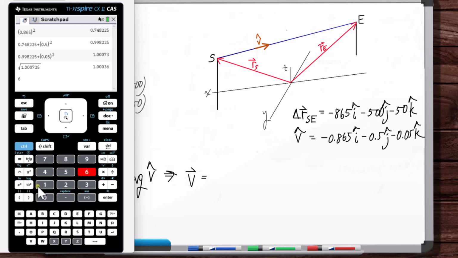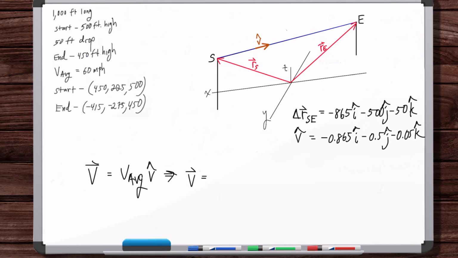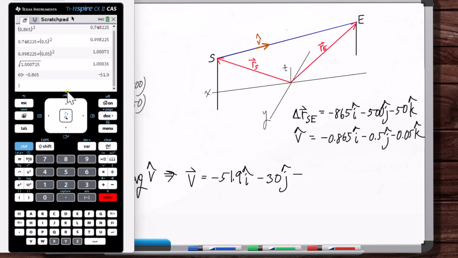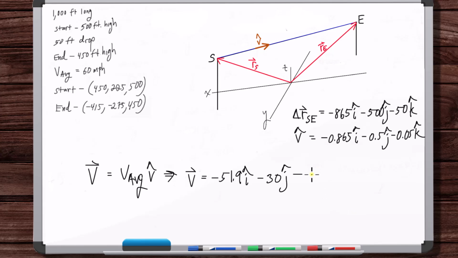You have 60 miles per hour, so times minus 0.865, minus 51.9. 0.5 times 60 is 30, so minus 30 j hat, and then 0.05 times 60, minus 3 k hat. And there it is.